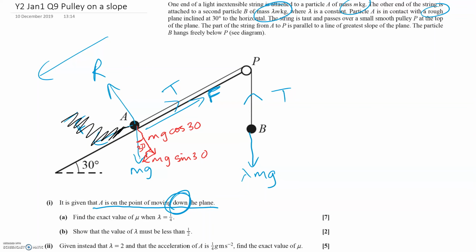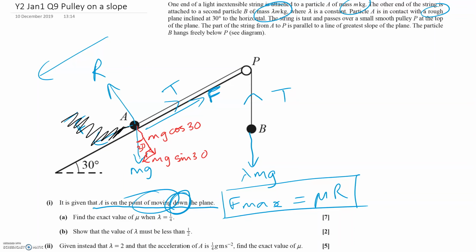Okay, and since it's on the point of moving, that means that the friction is at its maximum, which means we'll be able to use this formula F max equals mu R. So we'll probably have to use that in a minute.